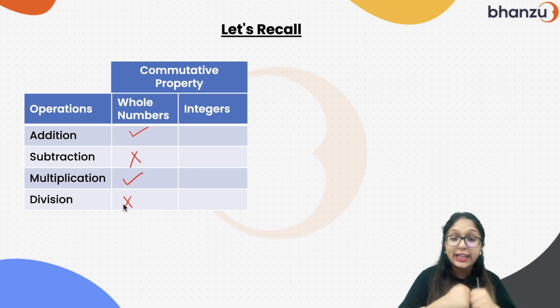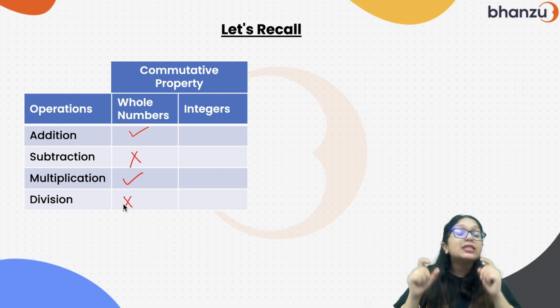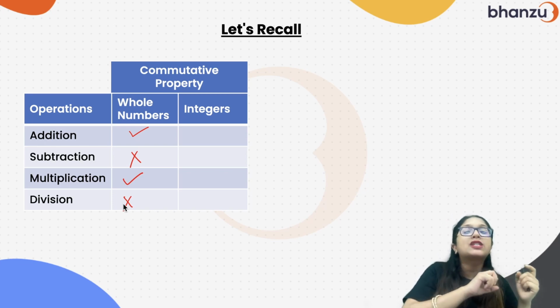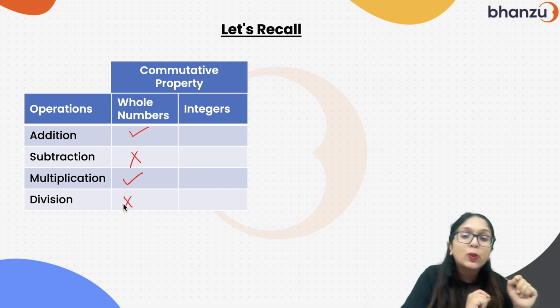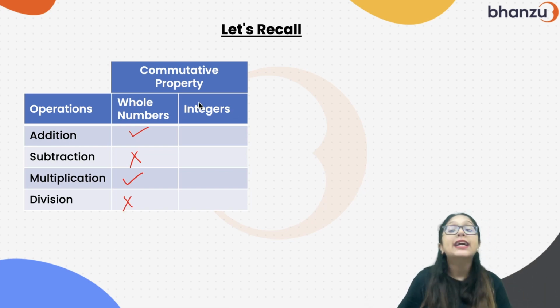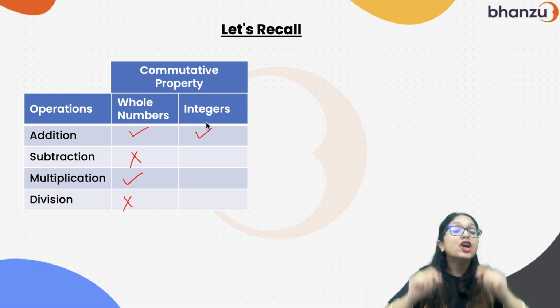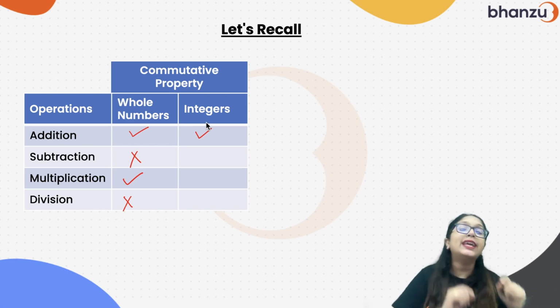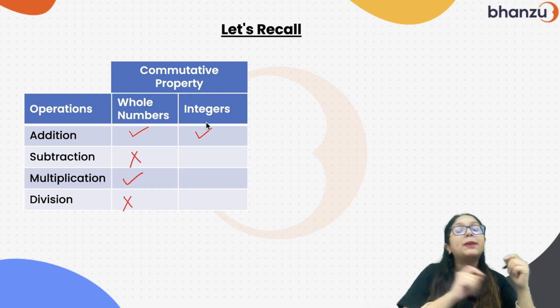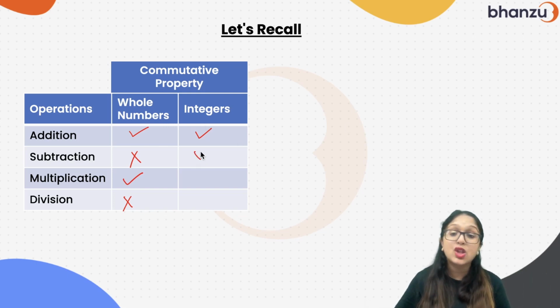Let's quickly check with the integers also. Is minus 3 plus 4 same as 4 plus minus 3? You can quickly write the question and try to solve it. The answer will be same. Now what about subtraction? Is 4 minus minus 3 same as minus 3 minus 4? No, this is not going to be same. What about multiplication?